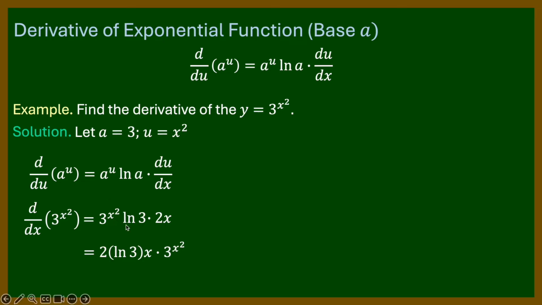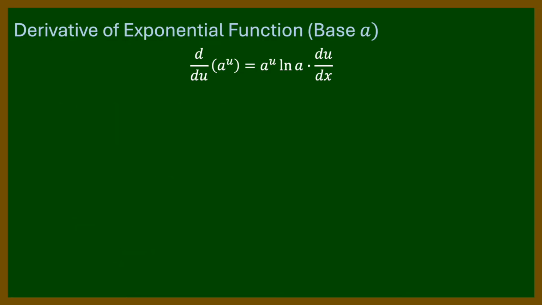Here the constants are ln of 3 and 2, that's why we put them in the first term. So we have 2 ln of 3 times the remaining terms with a variable x, which is the x, times 3 to the power of x squared. And then there is no more simplification, that's why we will consider this as our final answer.